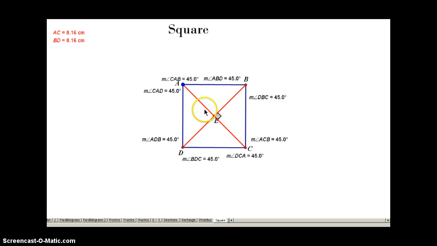So we have 1, 2, 3, 4 isosceles right triangles, but we also have 4 congruent larger isosceles right triangles. If we look at that one, and we look at this one, and then we look at BAC and CDA. So we have 8 isosceles right triangles.